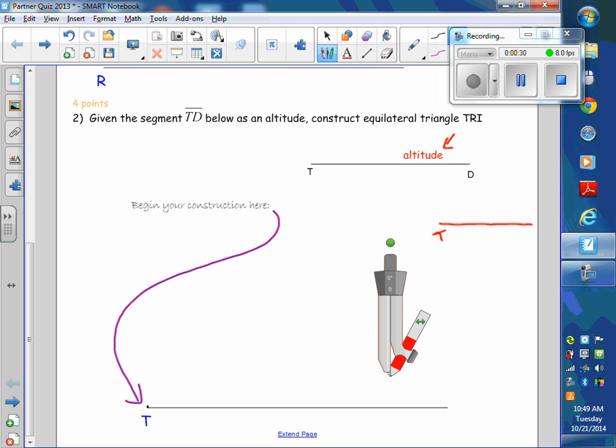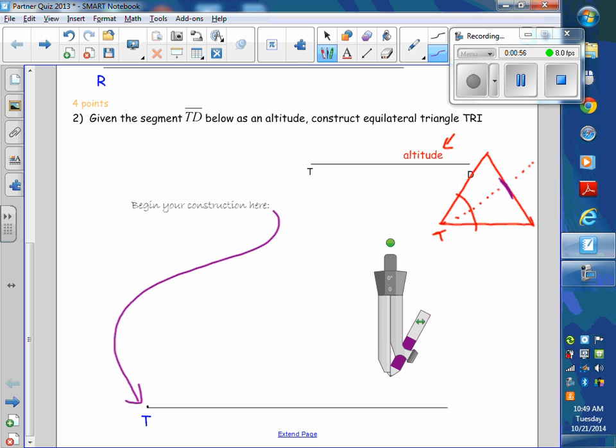I could make an equilateral triangle with a simple construction. Since it's equilateral, the altitude in this case is the same as an angle bisector. So I should bisect my angle, and then I'm going to mark off the length of my altitude.